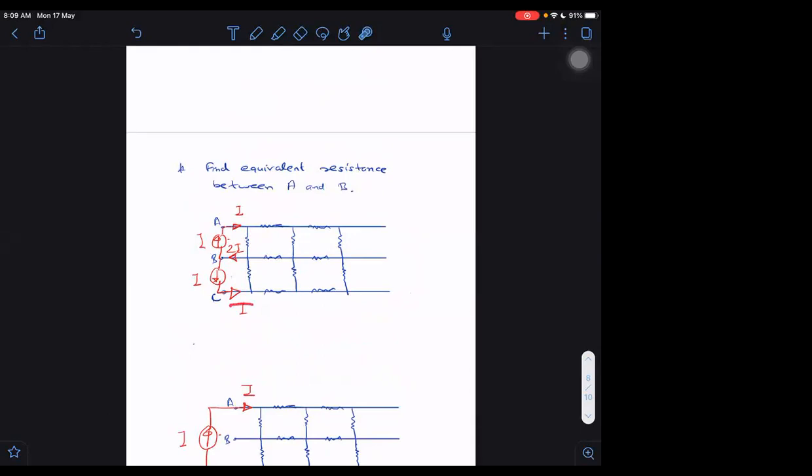If I send current I here and I here, here it is coming out to be 2I. Can we determine that current if I give you the voltages here, V and V? Or if current is given, can you determine the corresponding voltages between A and B?